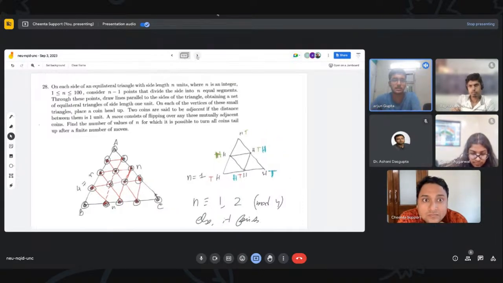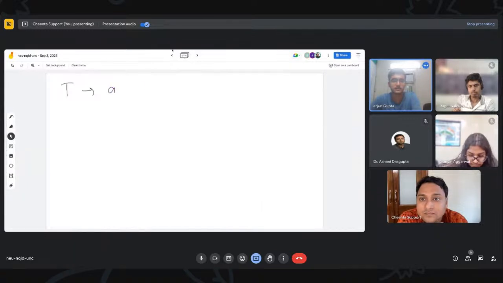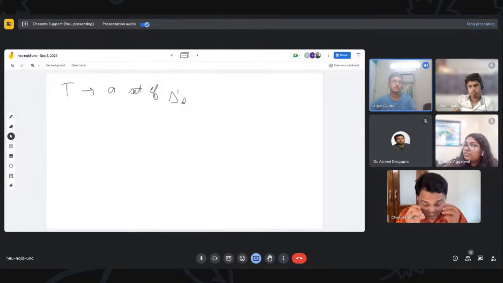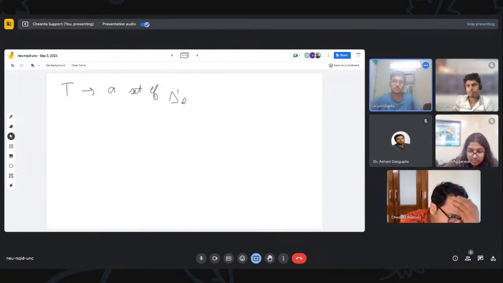So we'll pick T, a set of triangles. The problem is equivalent to this: we want to determine if we can flip a set T of triangles. Also, another observation: it is just stupid to act on a triangle twice, because if you first flip three vertices and then flip them back again, it's just the opposite of it.